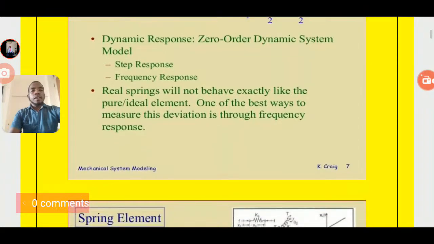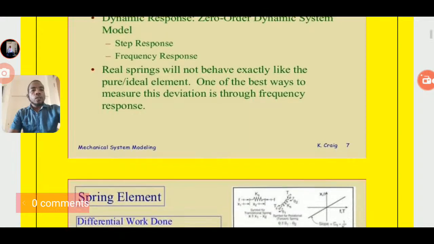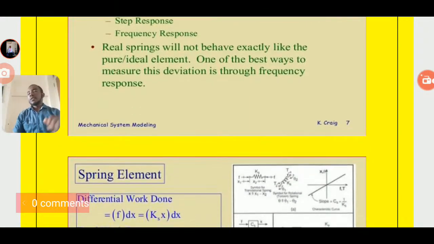Real springs will not behave exactly like the pure or ideal element, so one of the best ways to measure this deviation is through the frequency response. That means real springs can be measured by using the frequency response.